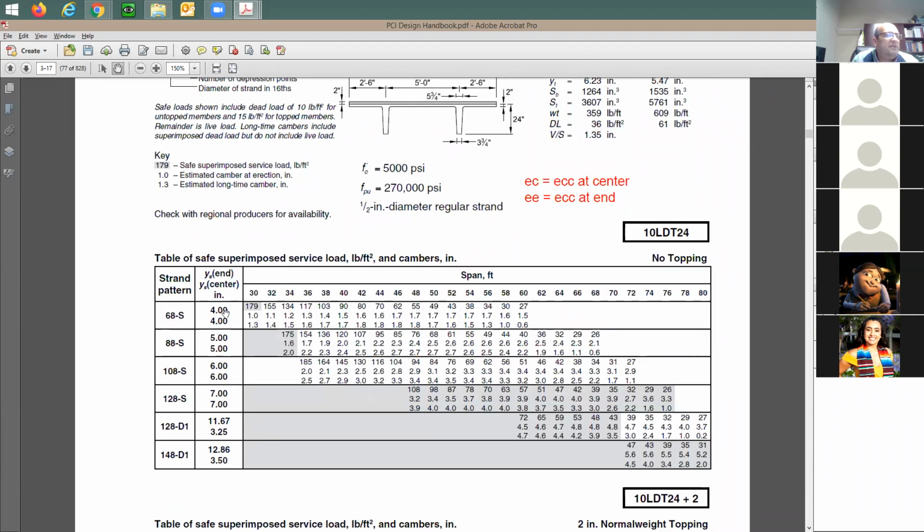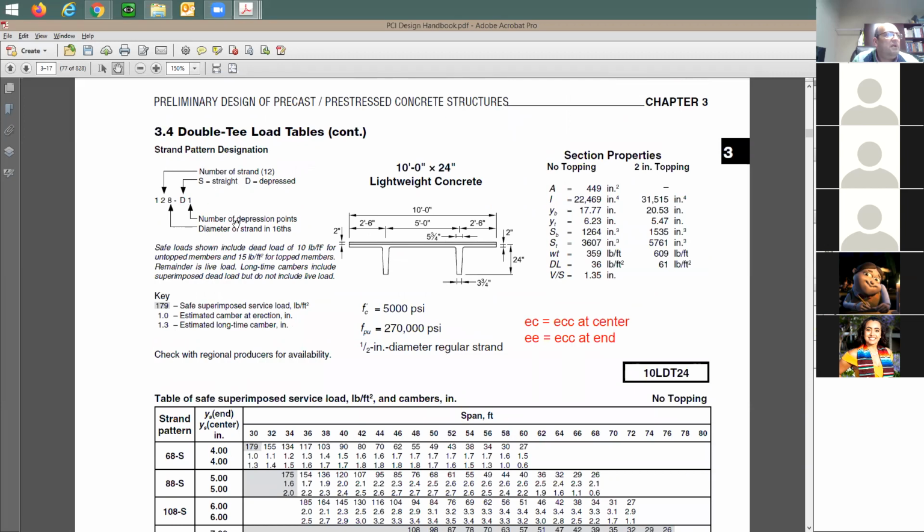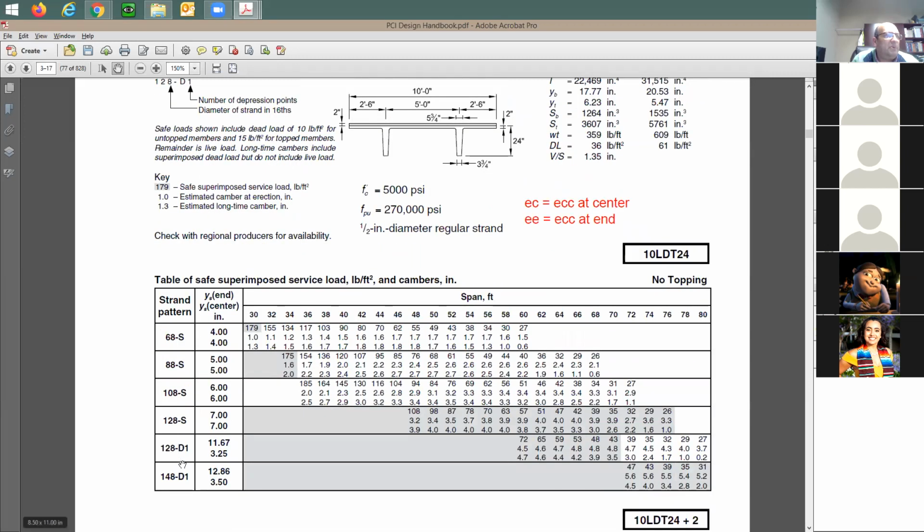When you have it straight, eccentricity at the center is going to be the same as eccentricity at the end. When you have it draped, you're going to have this. How many are draped? It's going to be 1. You see this? D and then 1. Number of depression points. It's going to be 1 depression point. 1 point in the middle is going to be coming down. So the strand is going to look like this. Let's say here's the beam. The strand is going to be coming like this.